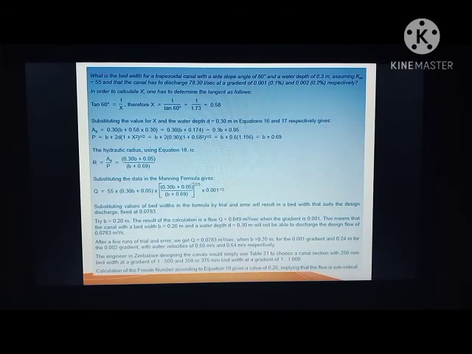The engineer in Zimbabwe designing the canal would simply use table 21 to choose a canal section with 250 millimeter bed width and a gradient of 1:500, and 350 or 375 millimeter bed width at a gradient of 1:1000. Calculating the Froude number according to equation 19 gives the value of 0.26, implying that the flow is subcritical.